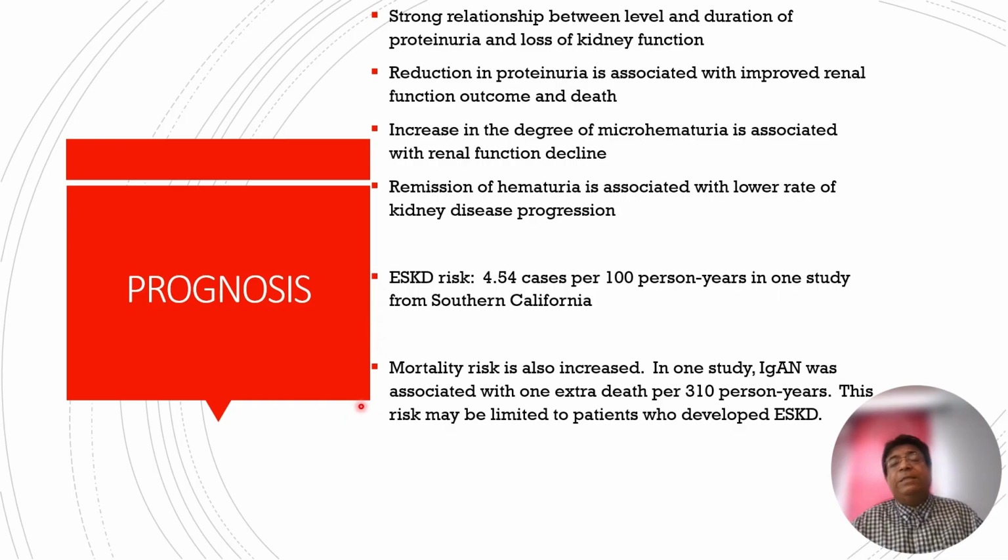The mortality risk is also increased. In one study, IgA nephropathy was associated with one extra death per 310 person years. Although this risk may be limited to patients who actually developed end-stage renal disease and have become dialysis dependent.